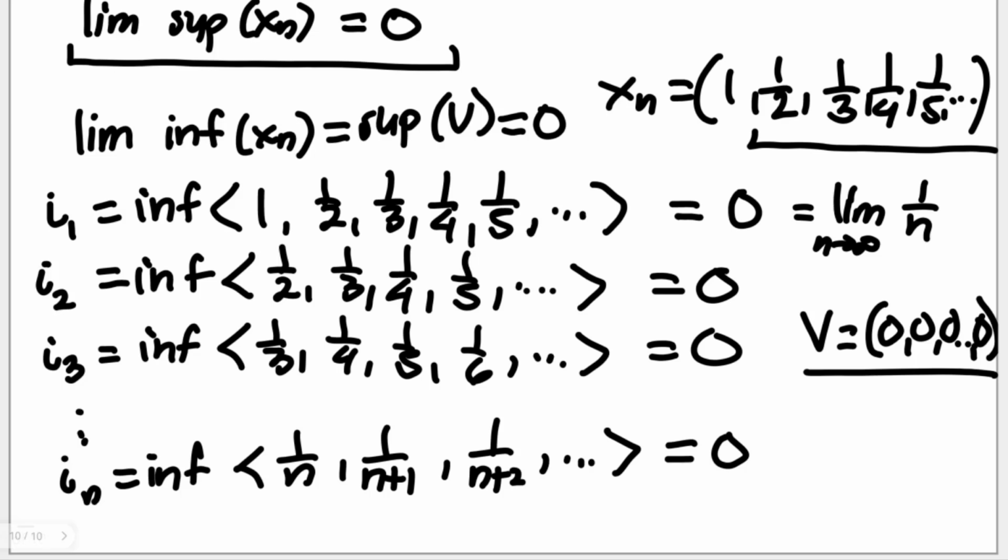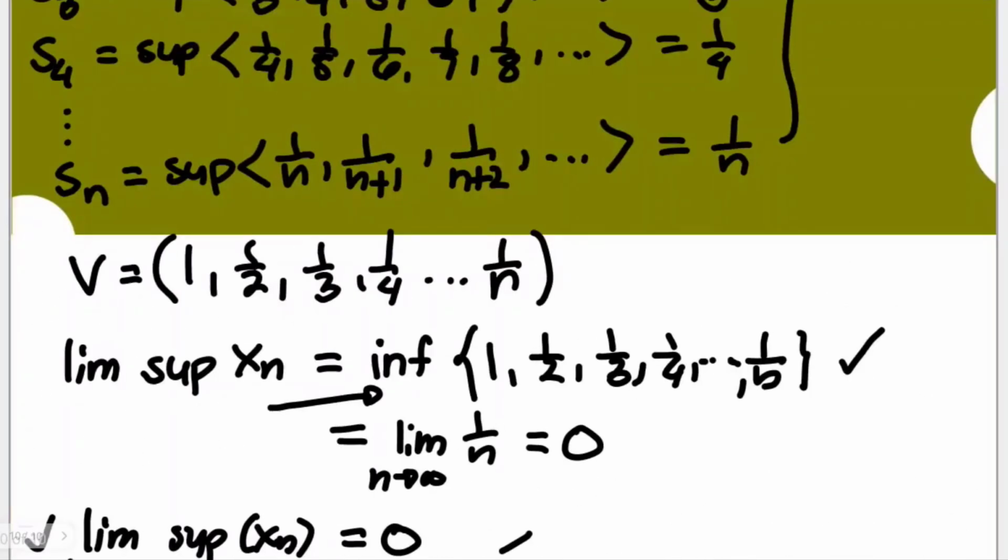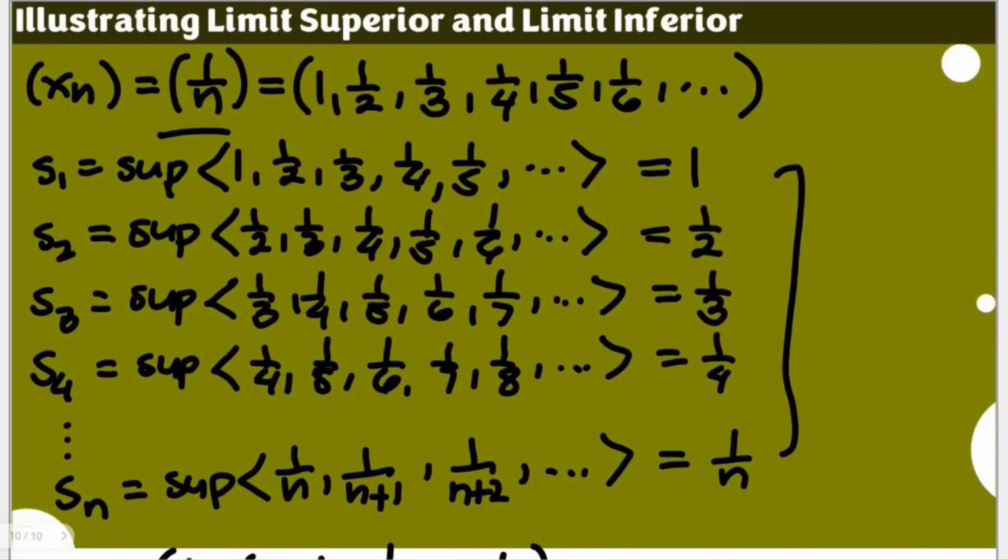So we have identified here that the limit superior and the limit inferior are of the same value, 0. And there is an implication to that for the convergence of the bounded sequence. We will have that in a separate video. We will have more examples on identifying or illustrating limit superior and limit inferior. Thank you very much for watching.